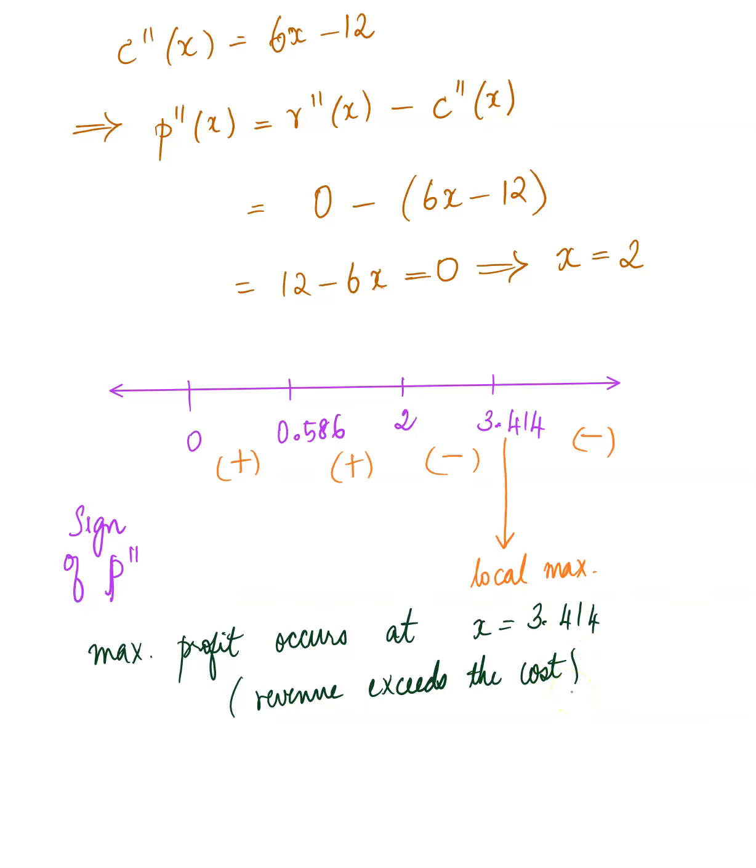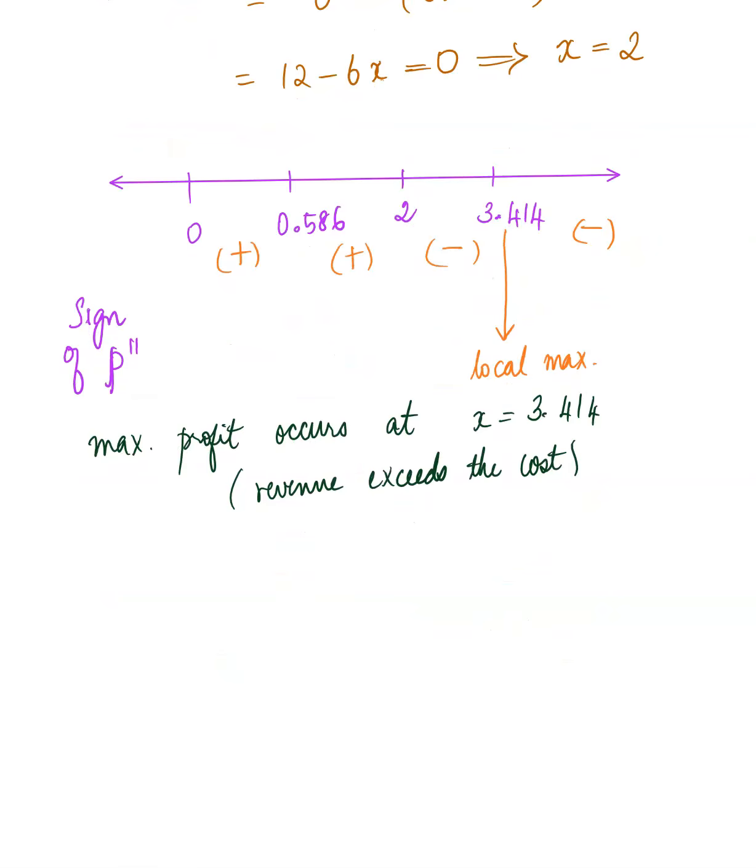And we know that the maximum loss occurs at x equals 0.586, the other point, because this is where the cost exceeds the revenue.